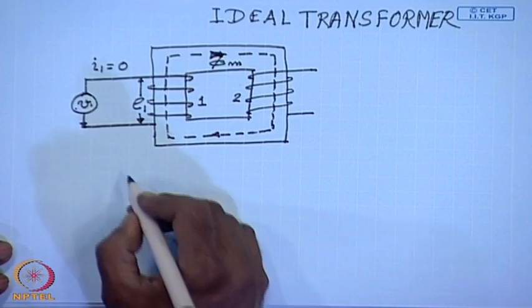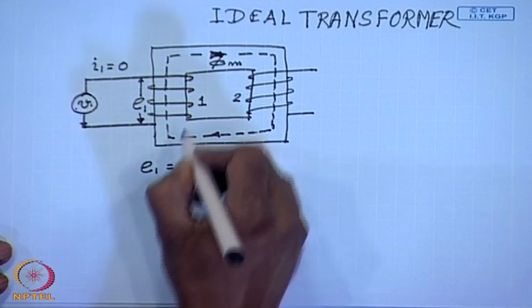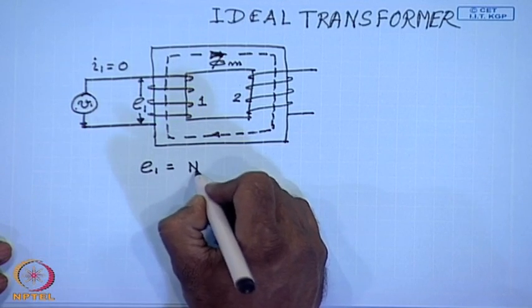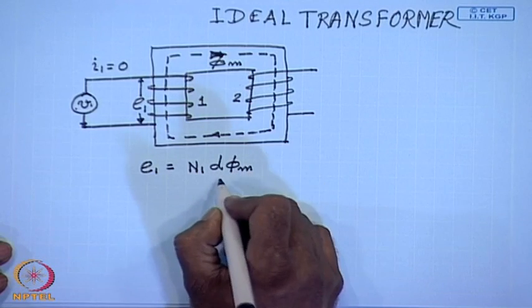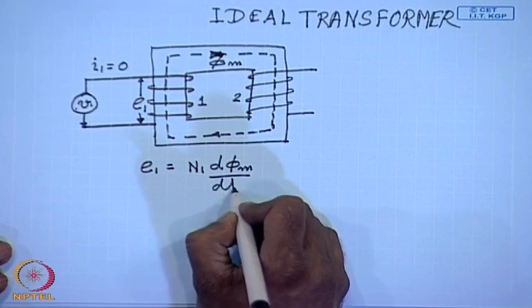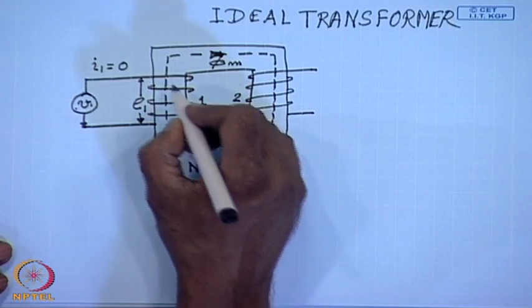Now, by Faraday's law, E1 is given by N1 d phi m by dt, where N1 is the number of turns of coil 1.